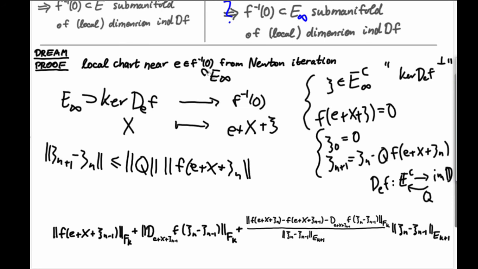Now let me see. So let's say I want to prove convergence in the EK norm, then I can put the FK here because this guy is bounded as a map from FK to EK. So far everything is good, except now I need to bound this guy.